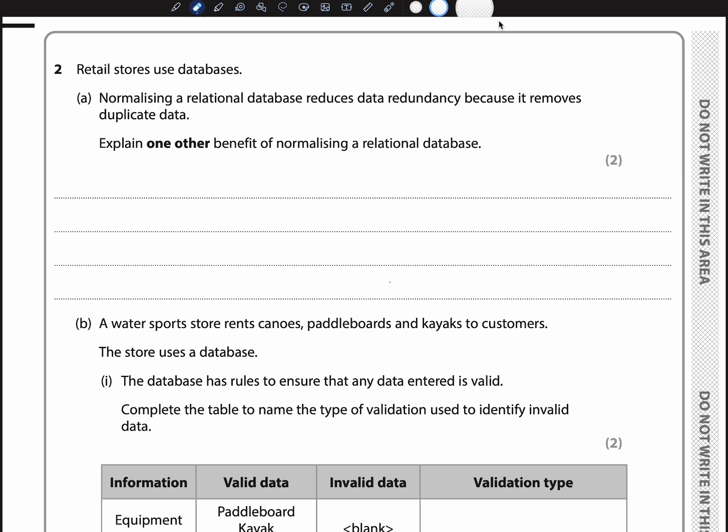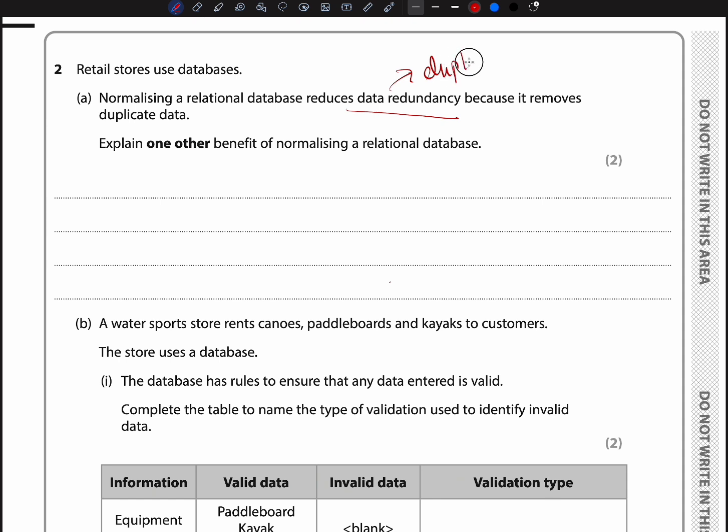So the other benefit is data consistency. Data consistency means data is more accurate and there are fewer mistakes because the database system updates all related information together. Why? Because they already mentioned that it reduces data redundancy, right? Data redundancy means there will be no duplicate data.